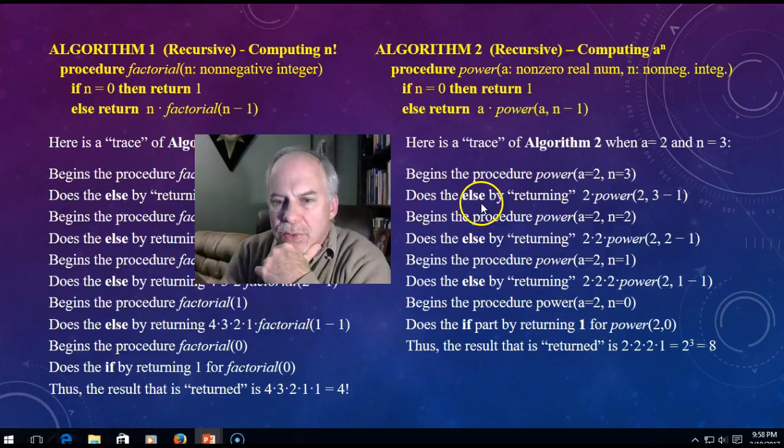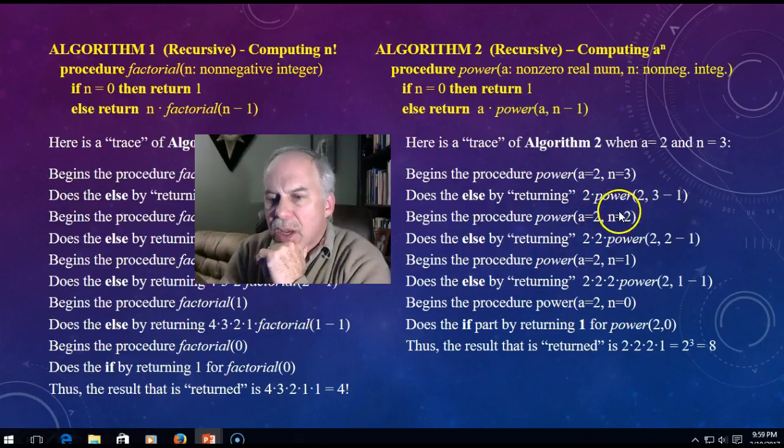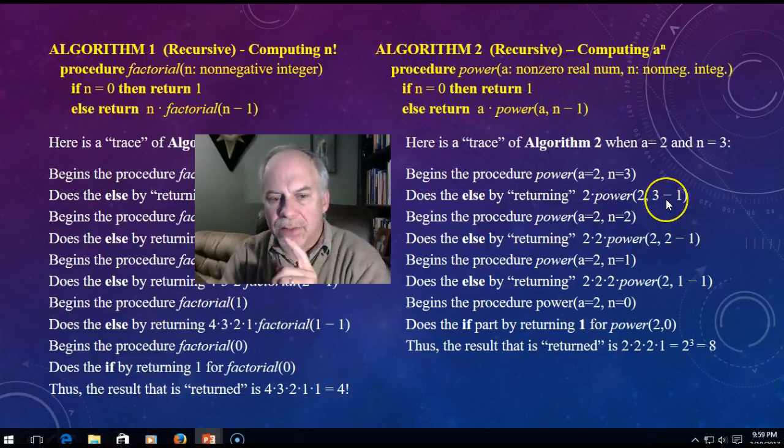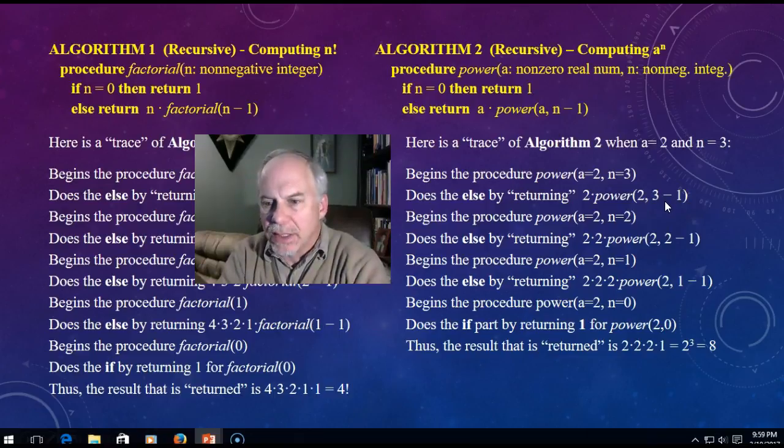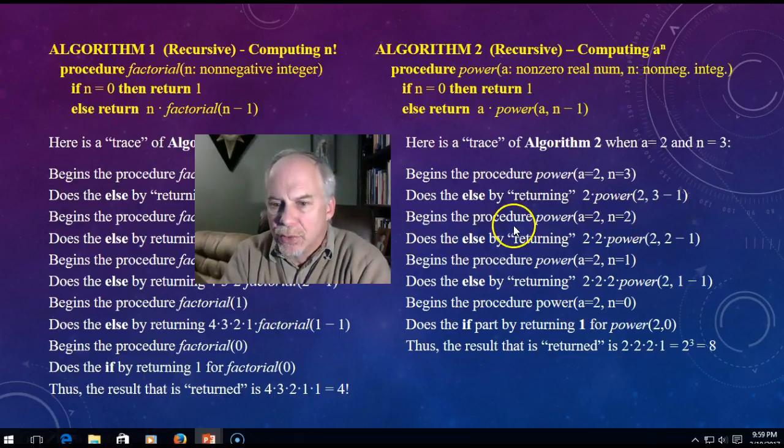Then it does the else command because n is not 0, and it returns a times, so it returns 2 times power 2 comma 3 minus 1 because it's subtracting 1 from n. So it's going to basically have n is 2. So it's going to do the procedure using a is 2 and n is 2.